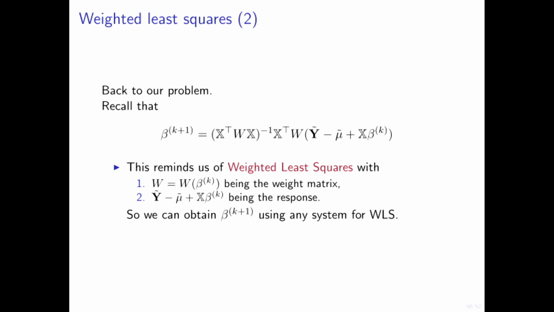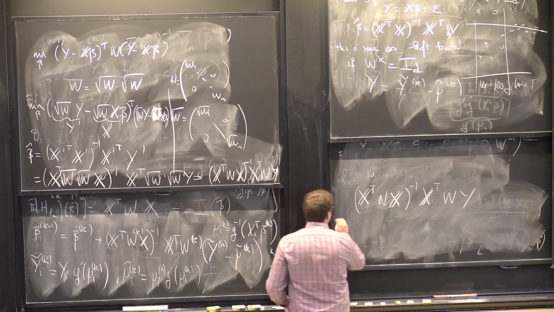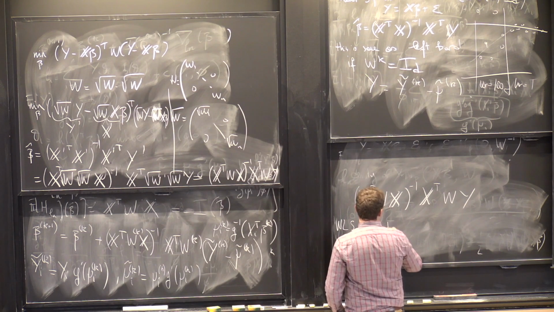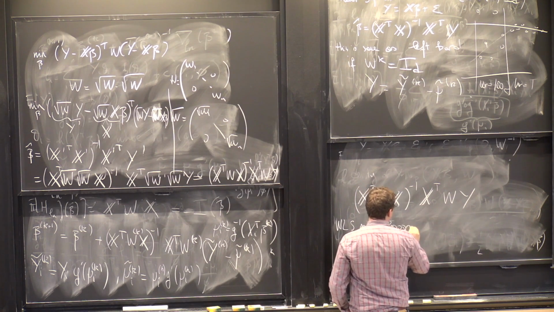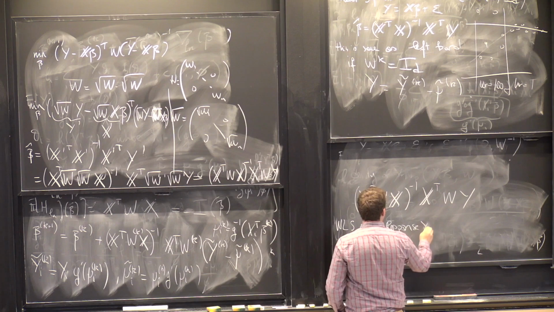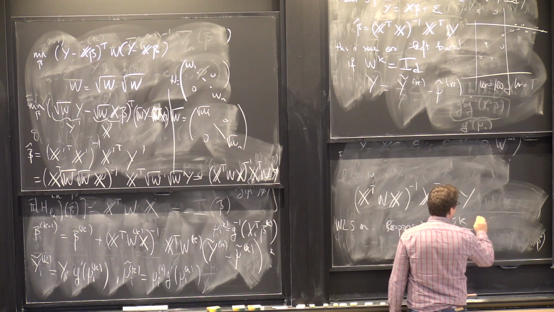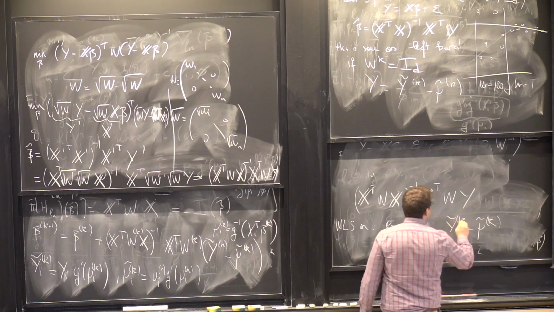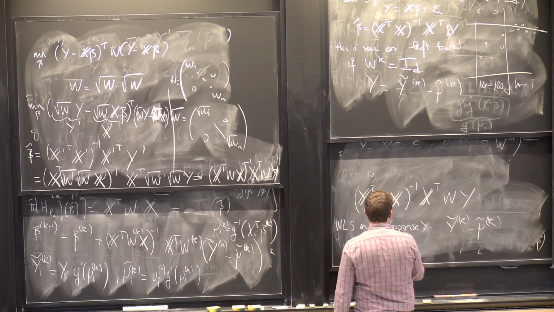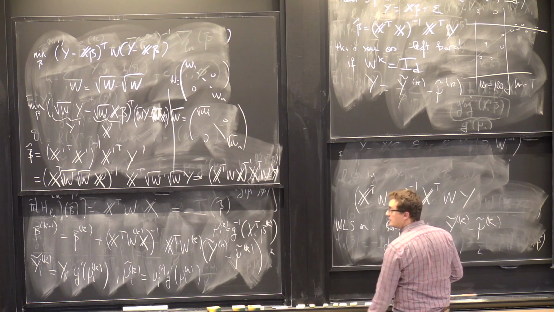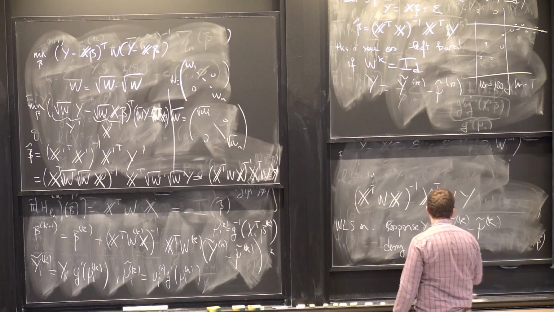What I'm going to do here now is I'm going to say, okay, let's fit some least squares. So let's do weighted least squares on response y being y tilde k minus mu tilde k, and design matrix being, well, just x itself. So that doesn't change.